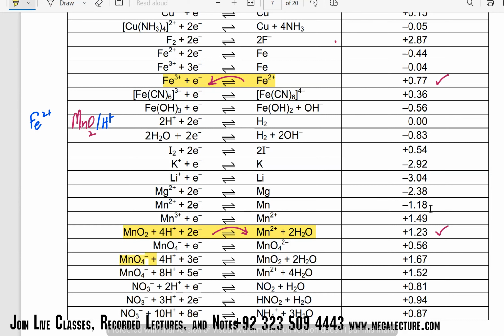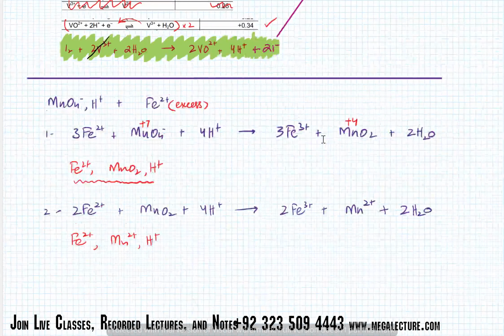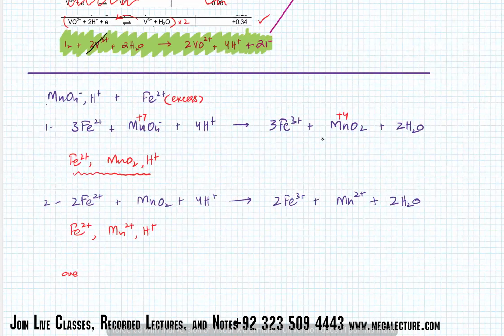So from here it started: Mn got reduced the first time, the second time, but Mn2 plus will not get further reduced. Too low a potential, so it's going to stop. So if you make the overall equation in this case, it's going to be 5Fe2 plus.